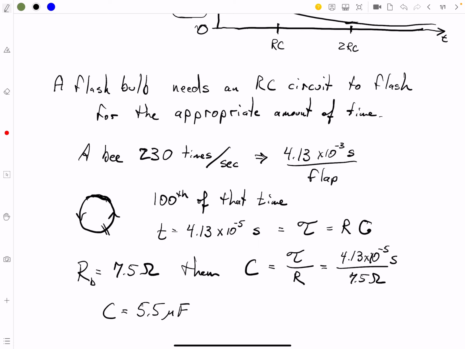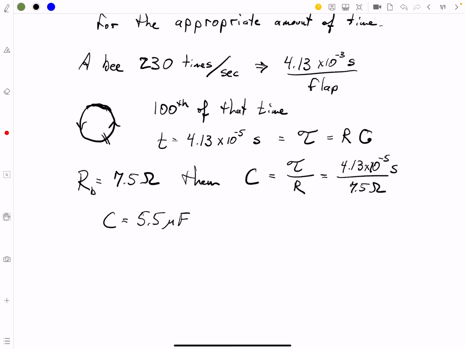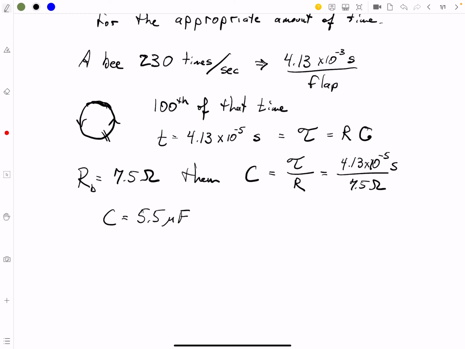But what is going on? What did we just do? We have units of seconds divided by ohms, and we ended up with a farad. 1 farad equals a second divided by an ohm. And that is no joke.